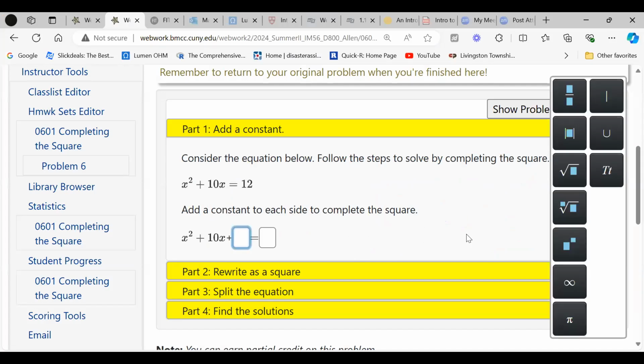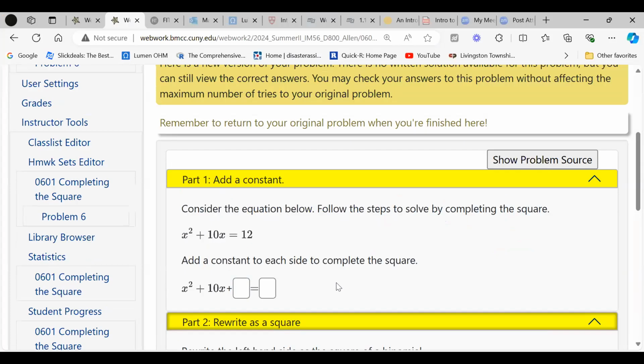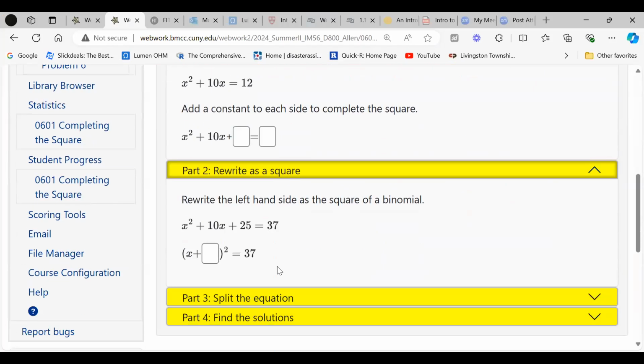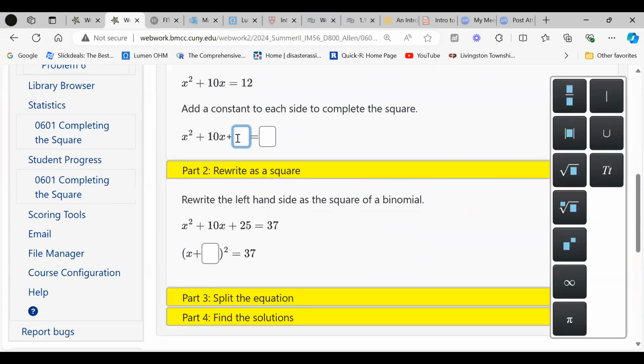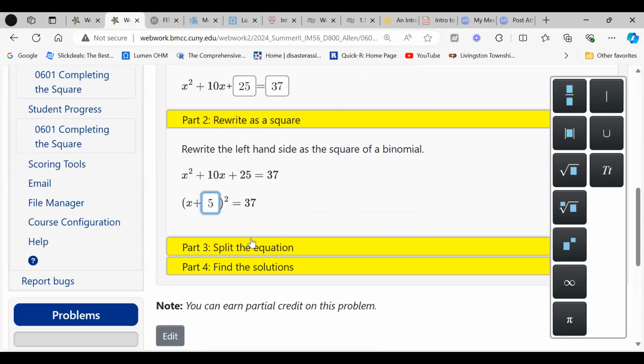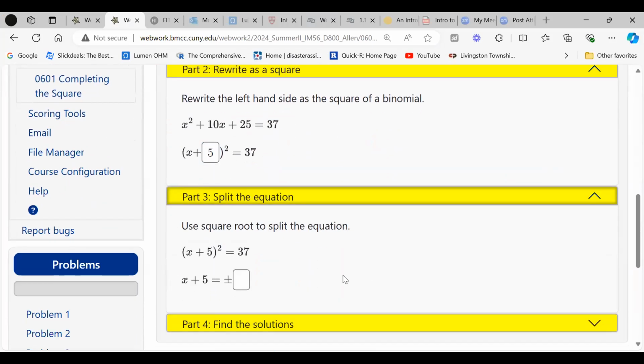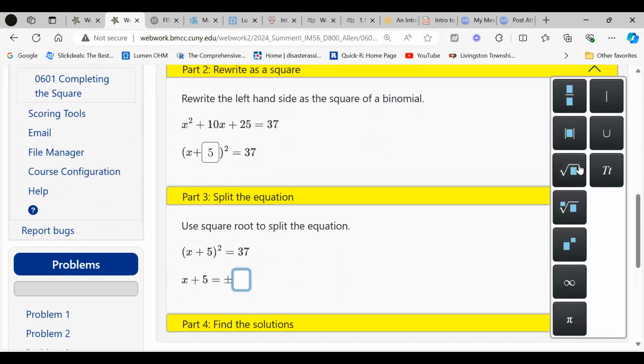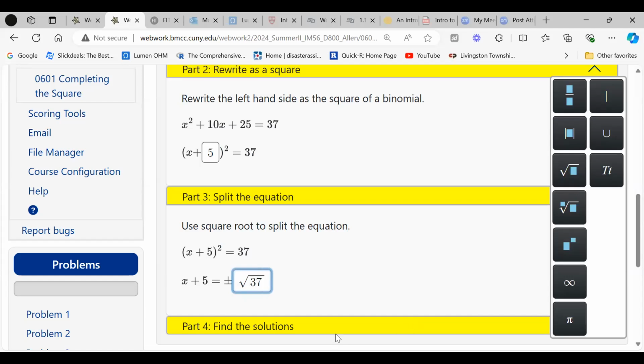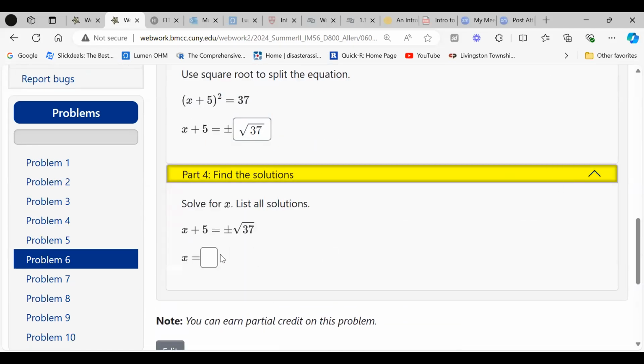Okay, step by step. So that's going to be a constant to complete the square. And we write it as a square. So you're going to add 25, right? Like what we did earlier. And on the right hand side, 37. And this is x plus 5 perfect square. Let's take the square root, so we get radical 37, and then eventually find a solution.